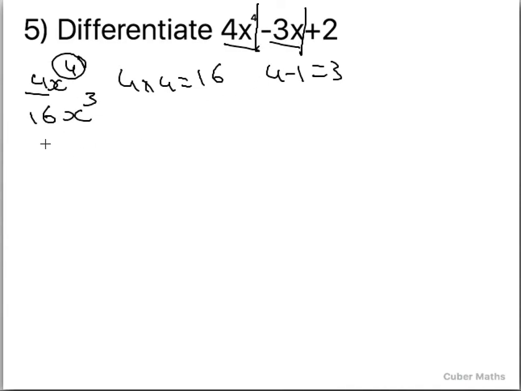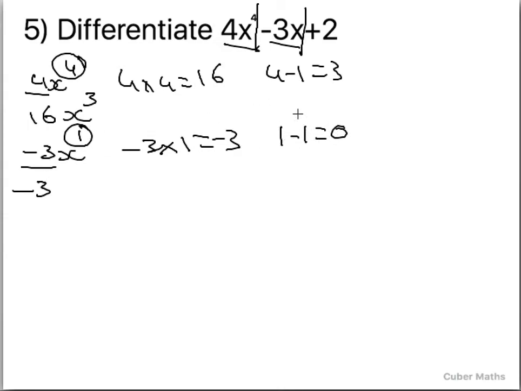Now if we take the next bit, minus 3x to the power of 1, because there's no power there, so that's going to be to the power of 1. So if we take the number in front, which is minus 3, and the power, minus 3 times by 1, is going to give us minus 3. Write that below, and then take 1 away from the power, so 1 minus 1 is going to give us 0. As we said before, x to the power of 0 is going to give us 1, so we just leave minus 3 as it is.